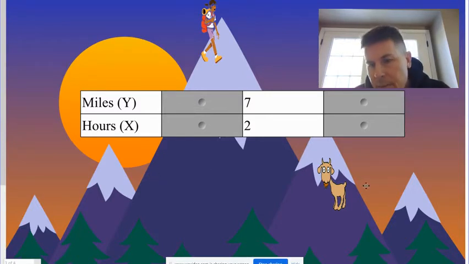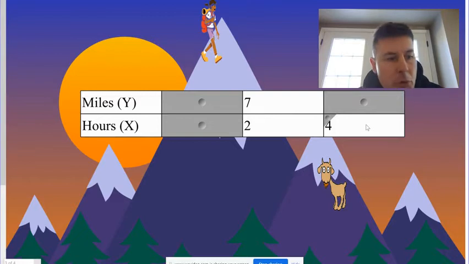And the other bit of information that we have is that at the very top, she looked at her watch and she noticed that she had traveled a total elapsed time of 4 hours. So my question for you is, given that she was moving at a pretty even rate, what would you expect that distance to be all the way to the top of that mountain? Any ideas?